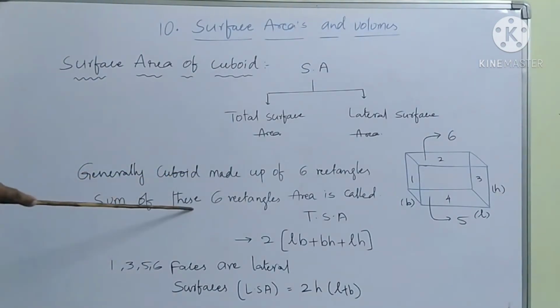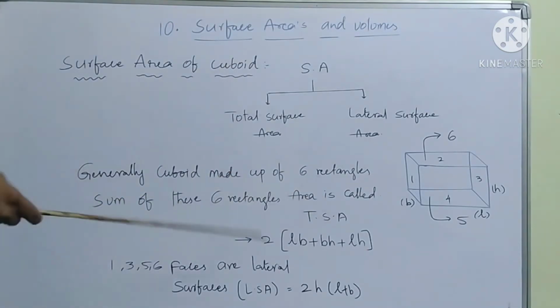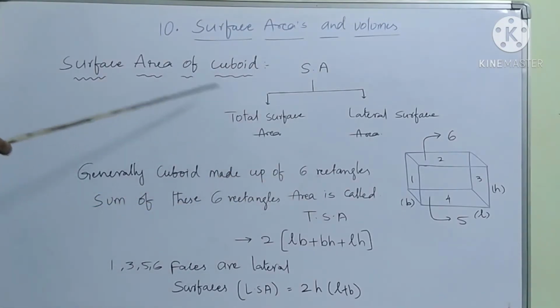The sum of these 6 rectangles' area is called TSA. TSA means total surface area. The formula of TSA is 2 into LB plus BH plus LH. This is the formula of total surface area of cuboid.